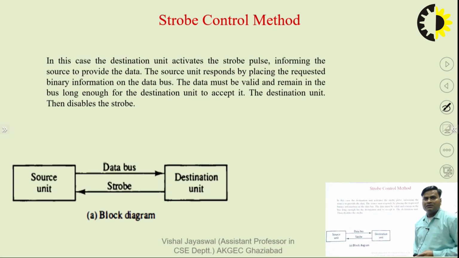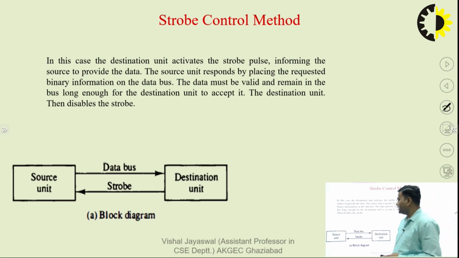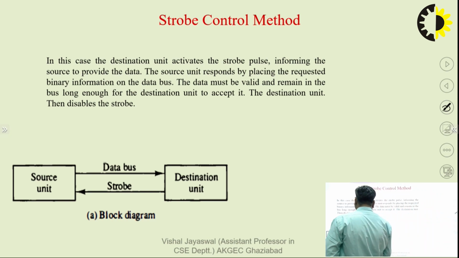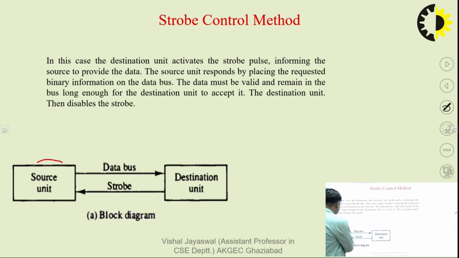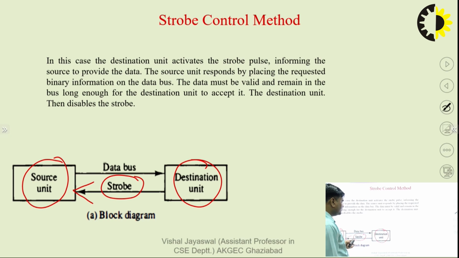The next scenario in the strobe control method is destination initiated. In the destination-initiated case, there is a source unit and a destination unit, and the strobe pulse is activated by the destination, because the direction of the strobe is from the destination to the source.